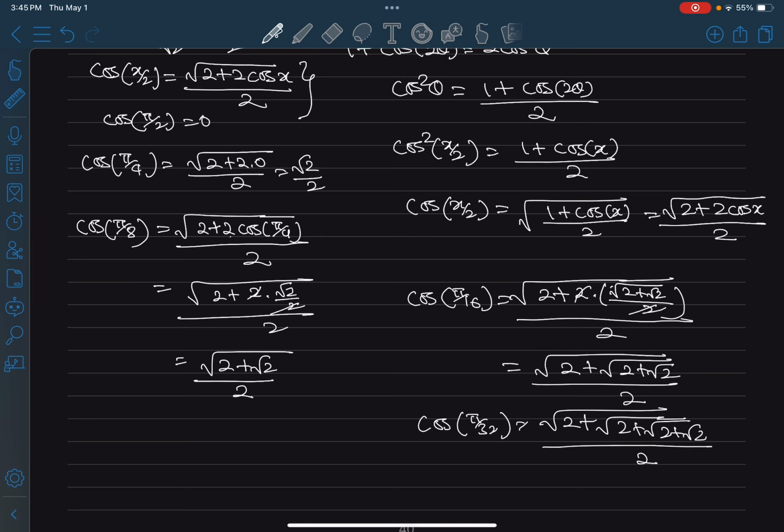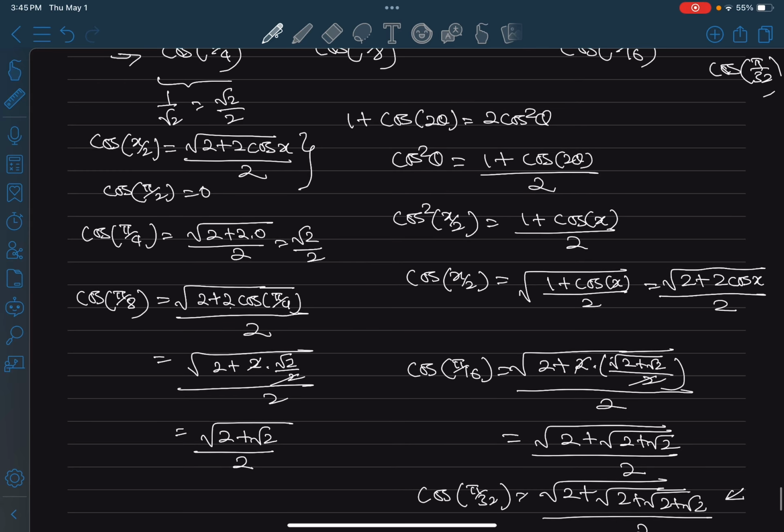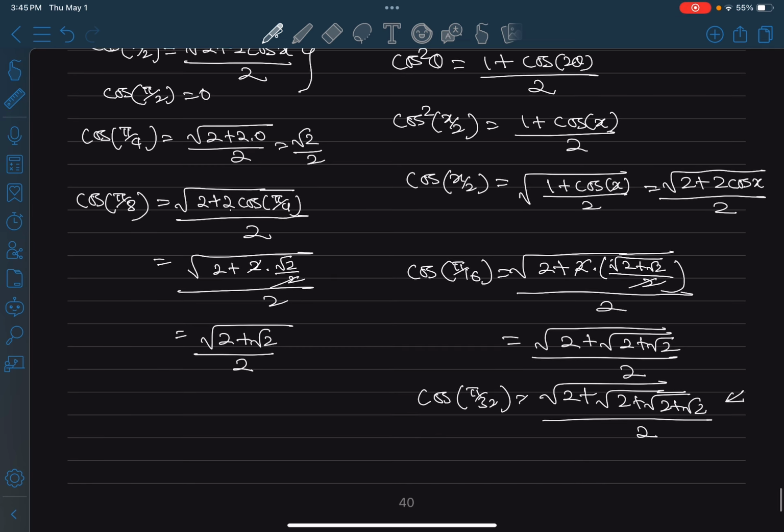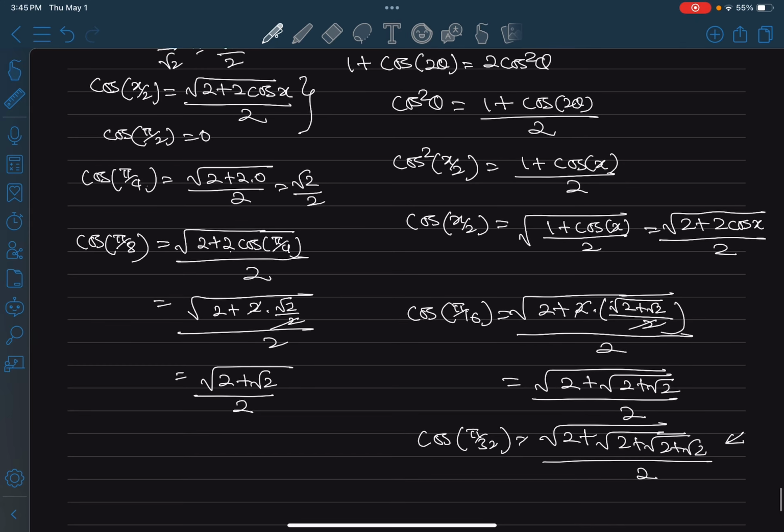So we see that basically there's this pattern in cos of x by 2, if we first start with x equals pi by 2, and all the following cos of pi halves, right? So we can generalize this. Let's say for 32 there are 1, 2, 3, 4 twos, right? For 4 there's just 1, for 8 there are 2 twos.